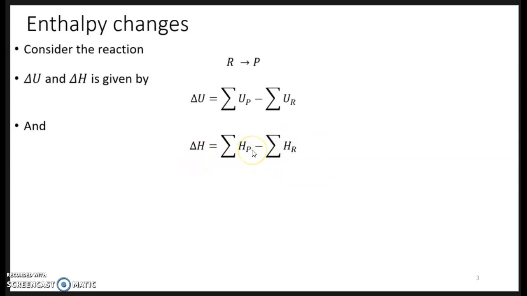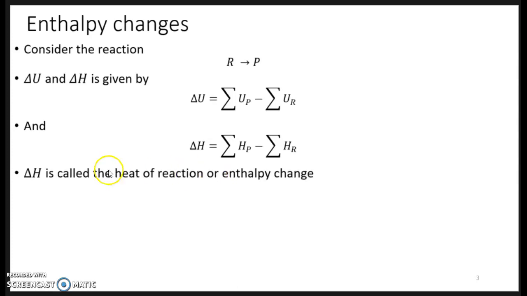And that change in enthalpy is also given as the sum of the enthalpy of the products minus the sum of the enthalpy of the reactants. This is because both enthalpy and internal energy are state properties. They do not depend on how the state was achieved, rather on the state.